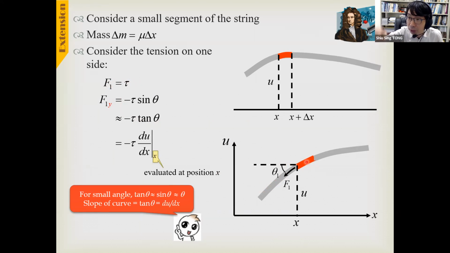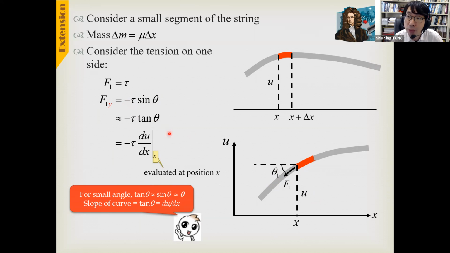So in order to resolve the tangent force into the vertical component, we multiply tau by sine theta. In fact, this should be sine theta 1, but we skip the subscript for simplicity. Tau multiplied by sine theta is the vertical component, and because it's downwards, there's a negative sign.